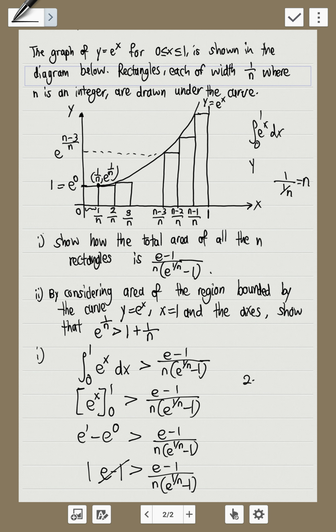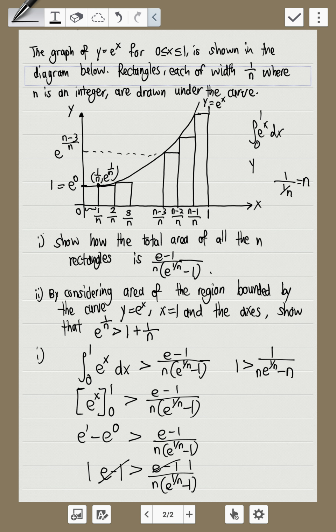So this would cancel with this, and we are quite close to the final answer. So we have 1 greater than (1/n) times (e^(1/n) minus 1).